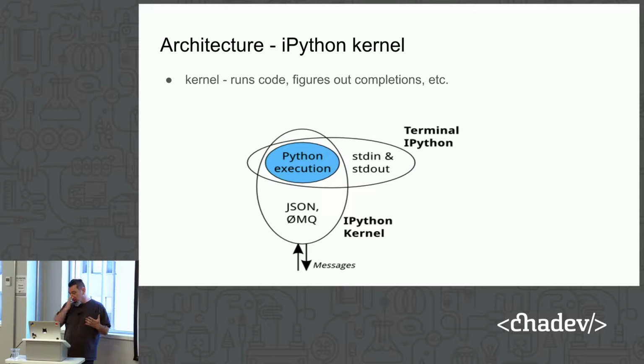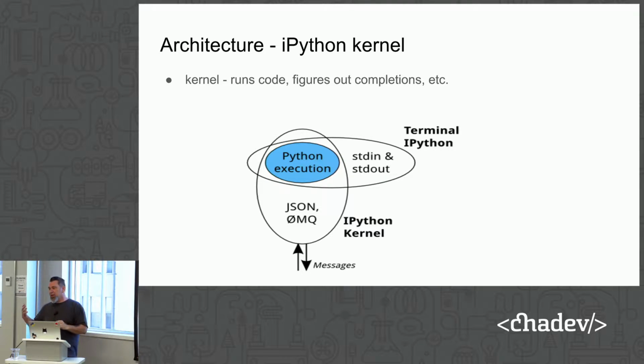So let's talk about the architecture. We talked very briefly about what the front end can do. There are actually multiple front ends we'll see here in just a moment. Specifically for ipython, as it started out, you can see here there's that blue dot in the middle that is the Python execution.